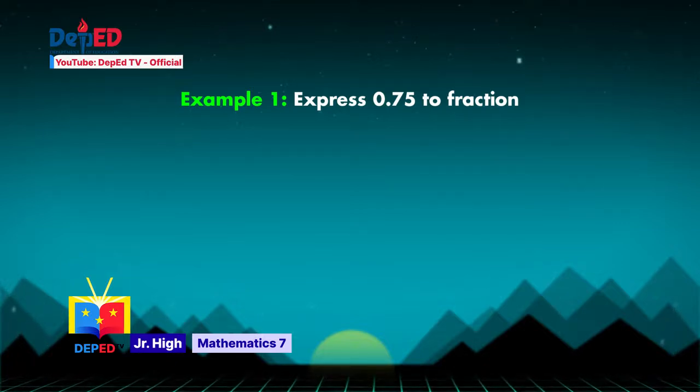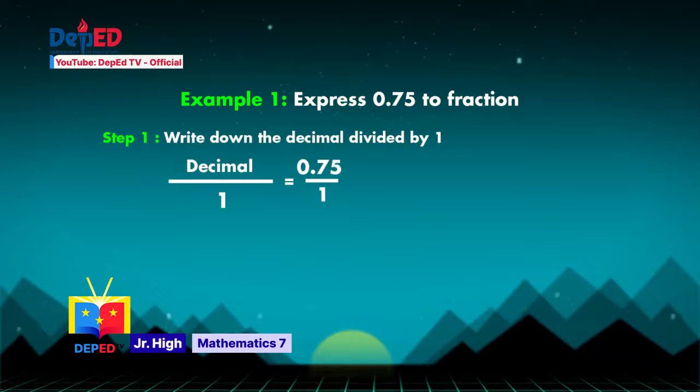Express 0.75 as a common fraction. First thing that we need to do is to write it as an expression of the form given decimal over 1. Thus, we write down 0.75 divided by 1. We have 0.75.